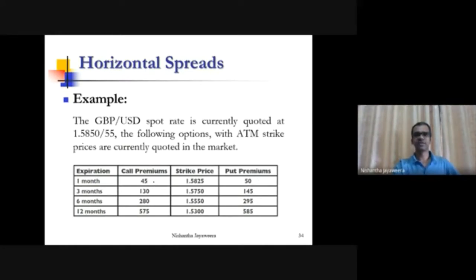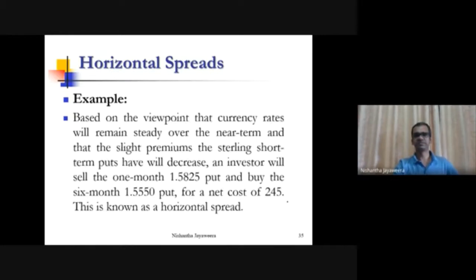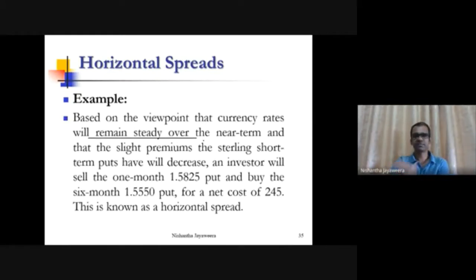You can see when the expiration increases, premium increases, whether it's a call or put, irrespective of that, premiums increase. What we think is the price will remain almost at the same level.